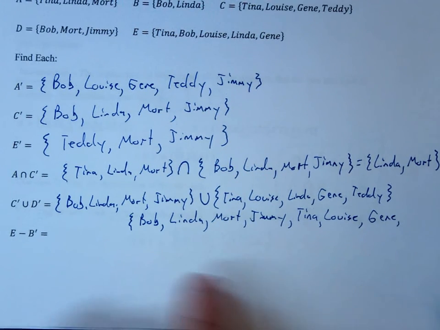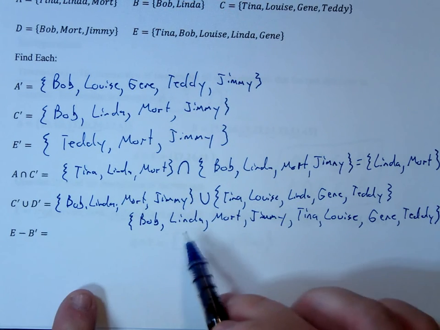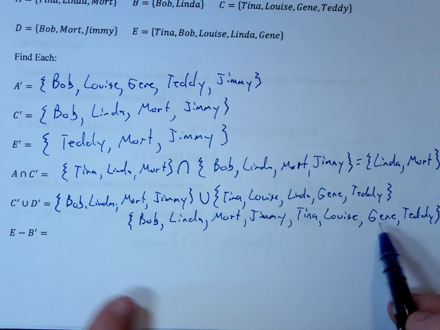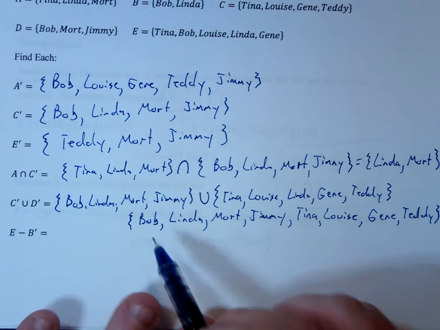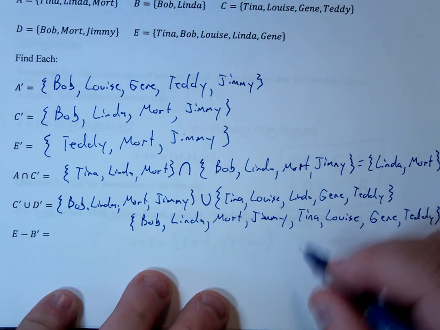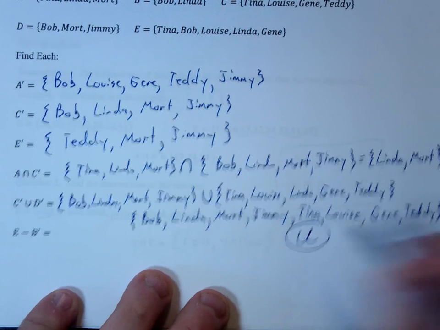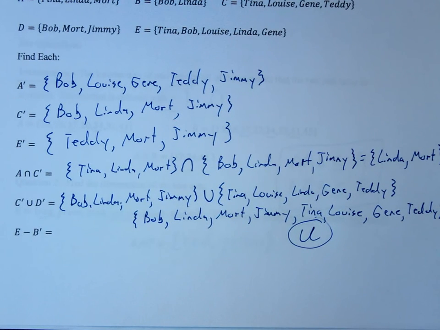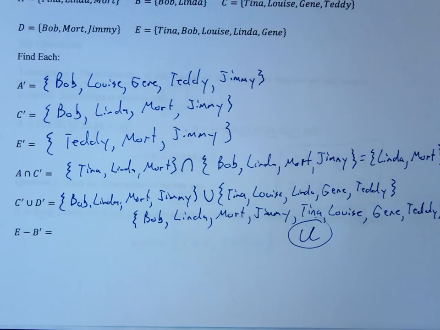And Teddy. One, two, three, four, five, six, seven, 8. All 8 of them are in there. So I could write them all out, but if I realize it's all of them, I could have also said that it's the universal set. It doesn't have to be in the same order, but you get the universal set.